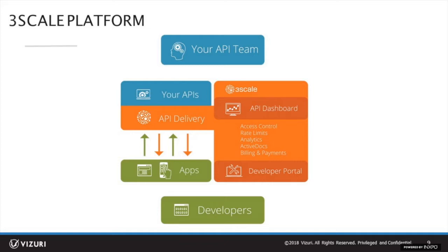And it has a management platform on the right-hand side in orange that allows you to manage your APIs, report on the API, and publish a portal for developers to come to find out information about your APIs. The green represents the consumers of your API.